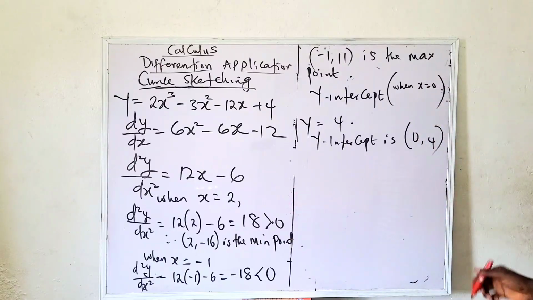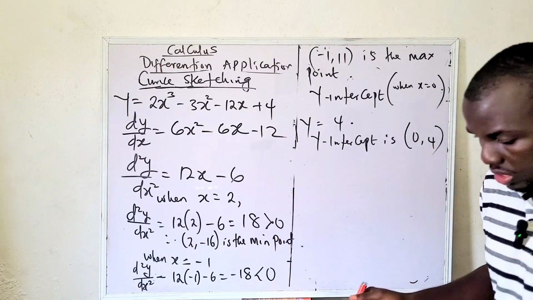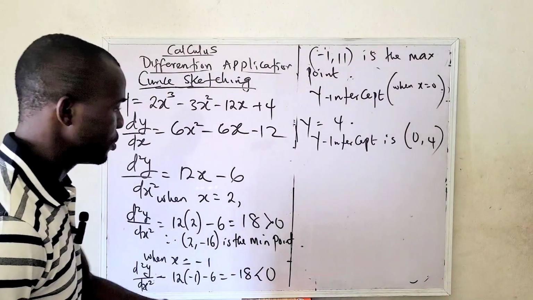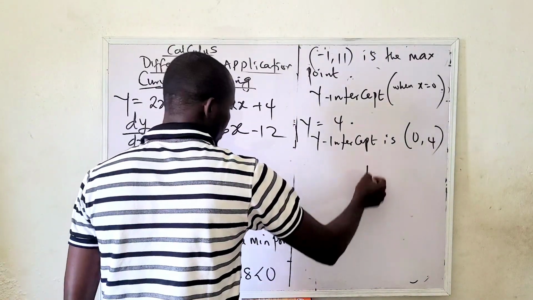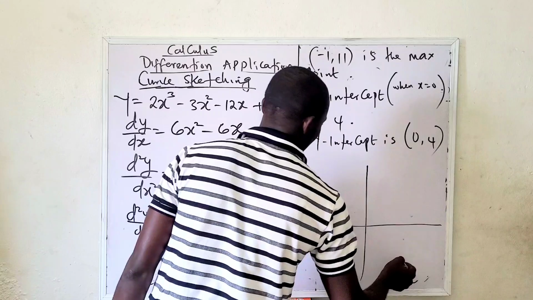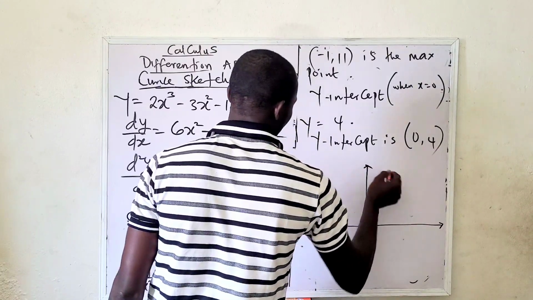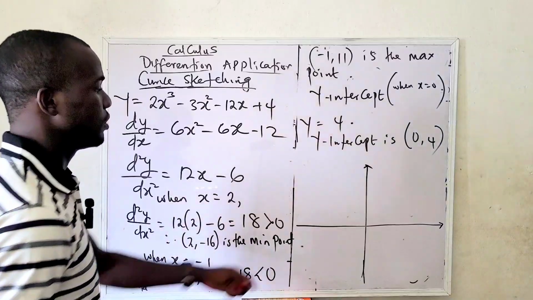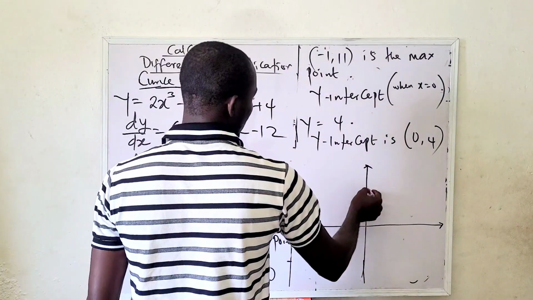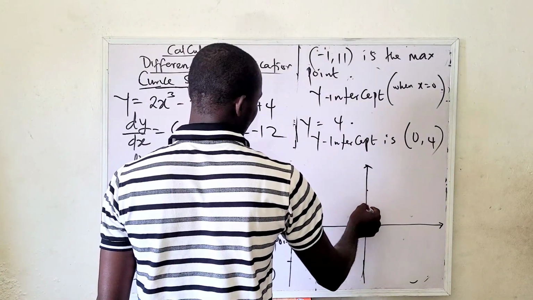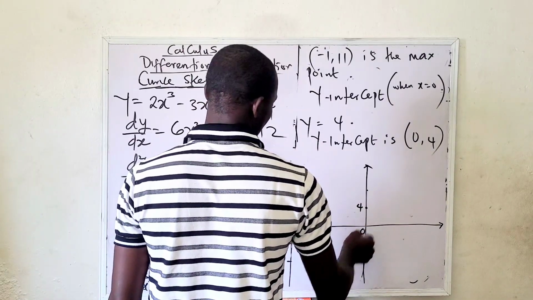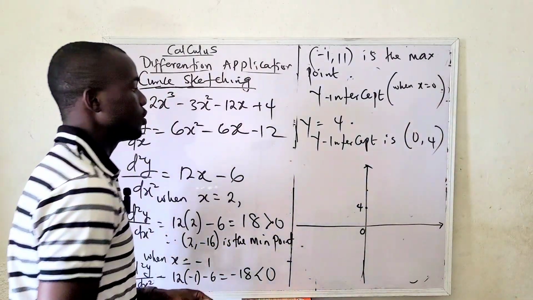So with this point, you are okay to sketch your graph, right? To sketch our graph, first you draw your axes, the x and y axes, and then you identify your points. The y-intercept, let's say here is 4, this is your 0, and then what again comes to mind?